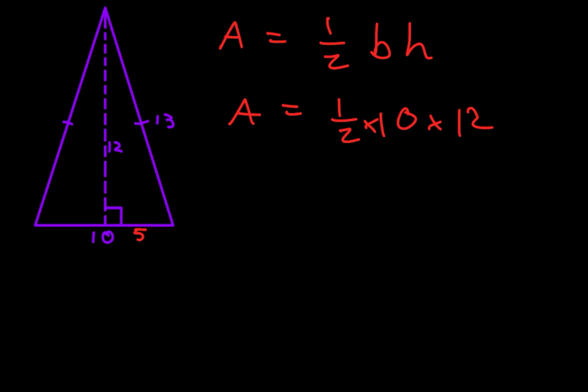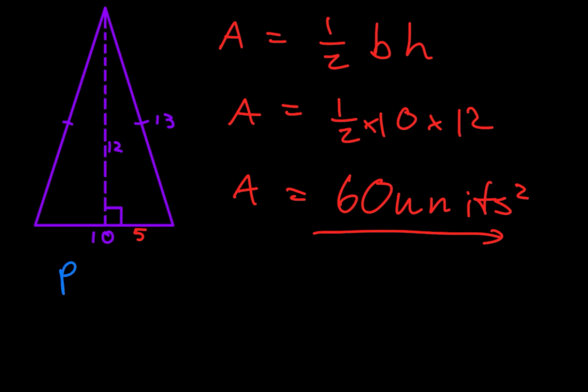So 5 squared plus 12 squared is equal to 13 squared. So that's essentially how the 12 would have been found, just for your interest. So going back to the formula, we have a half times by 10 times by 12, and a half times by 10 is 5 times by 12 is 60 units squared.